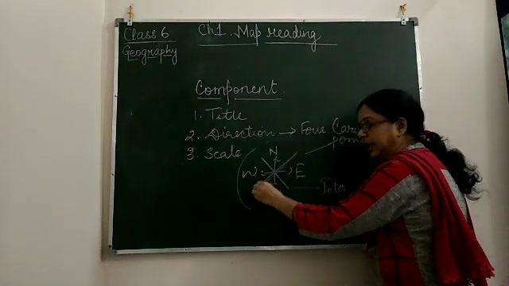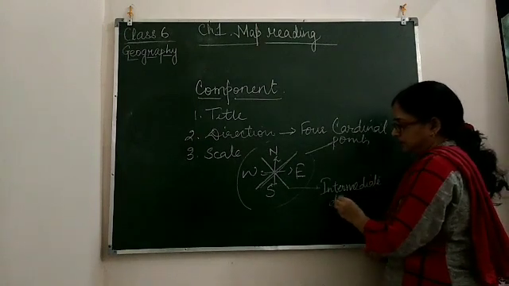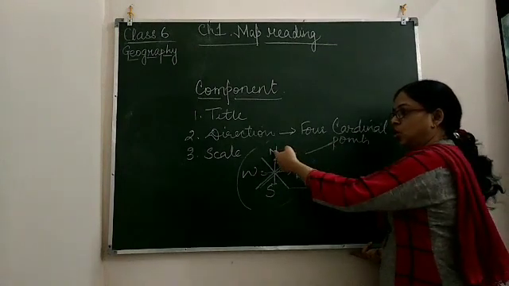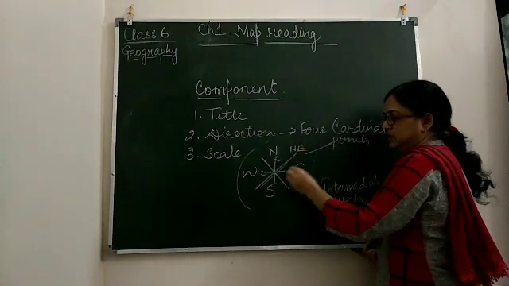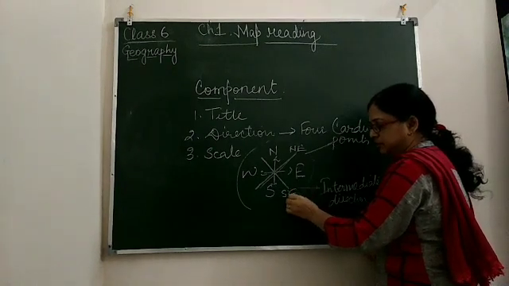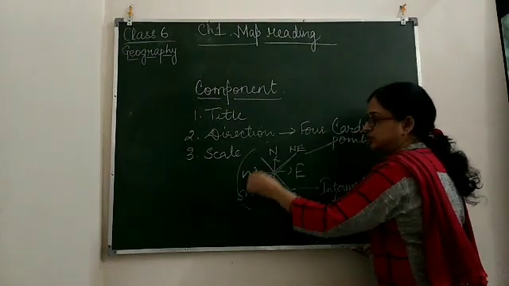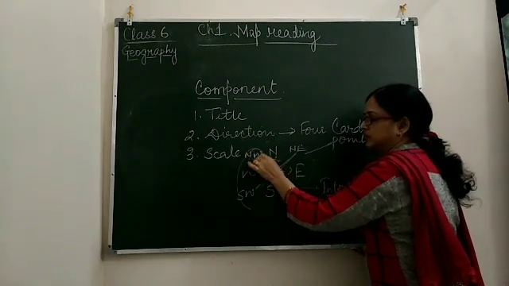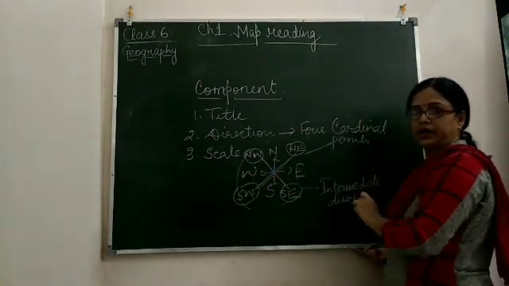What are they? North and east together make northeast. South and east together form southeast. South and west together form southwest. North and west together form northwest.